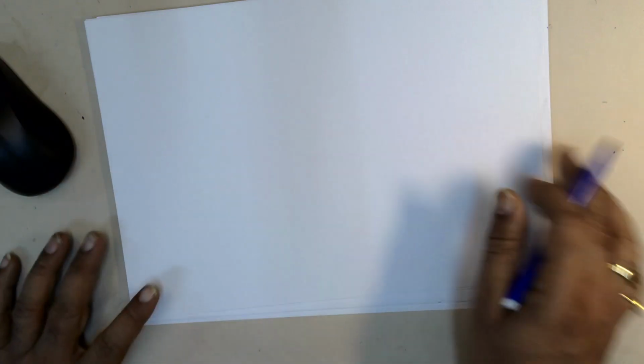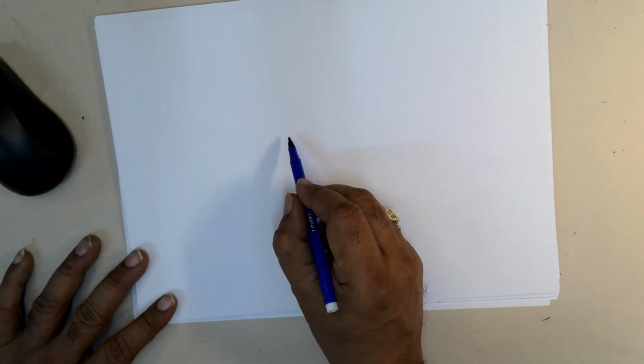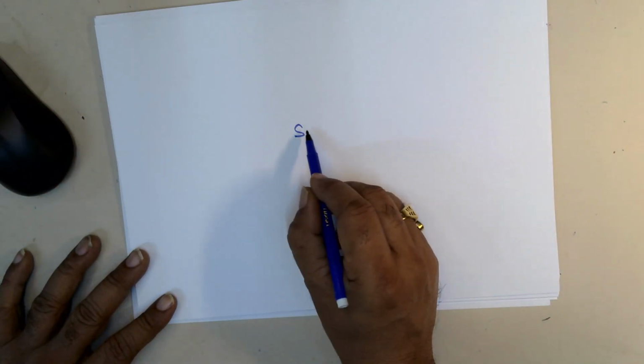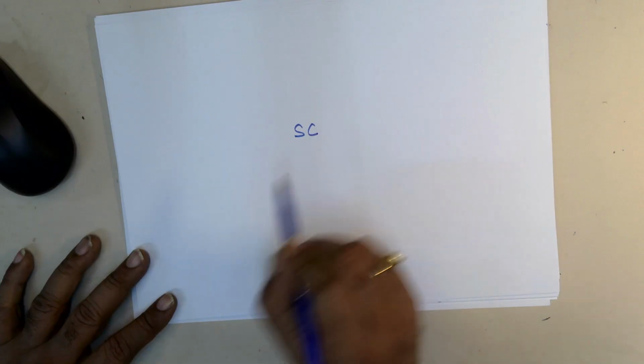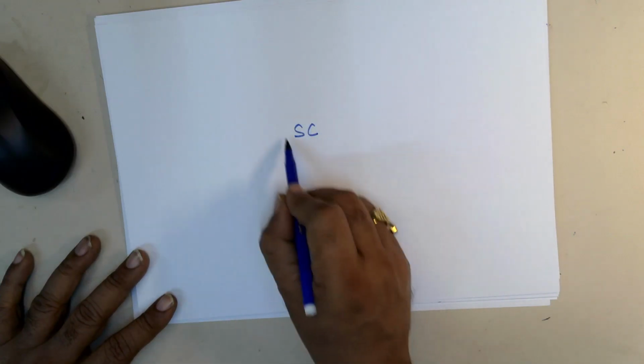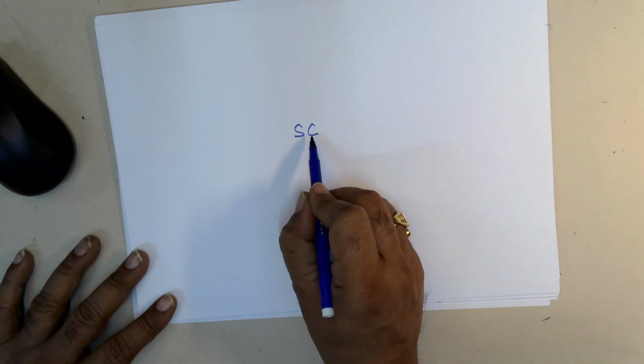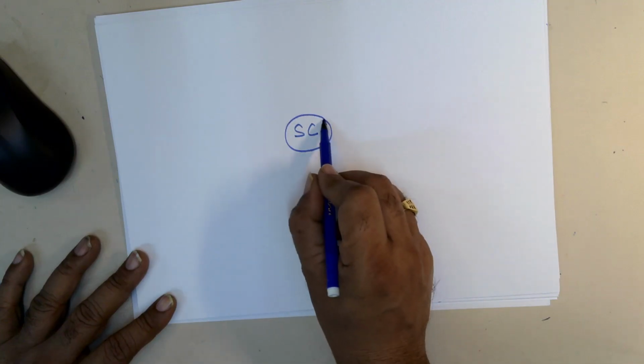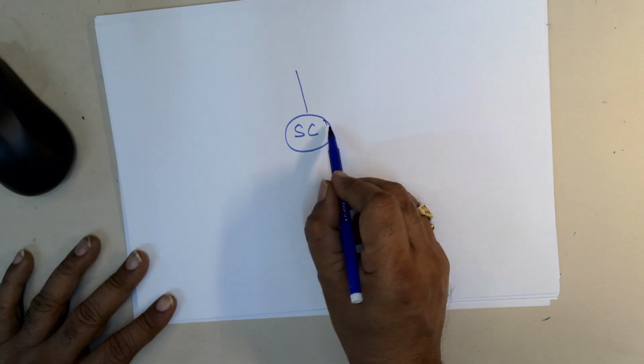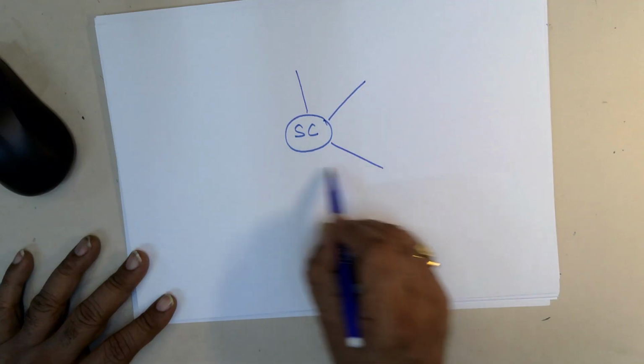So likewise, we have got five types of these calculations. You can make it as a sketch note. Take down stoichiometric calculation. What is SC? I'm simply writing it as an abbreviation.